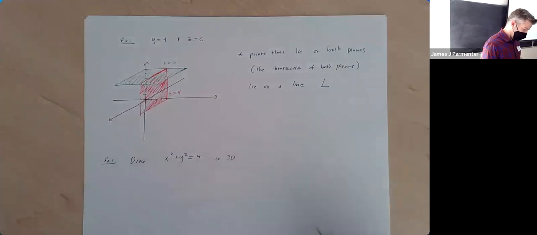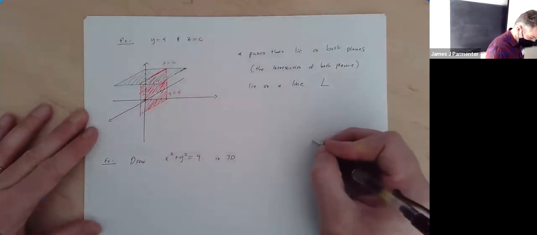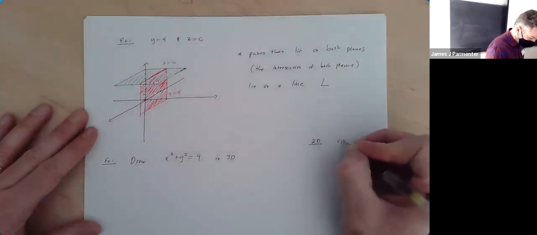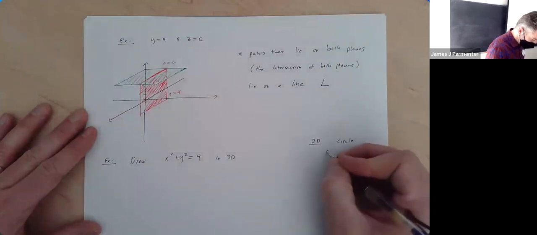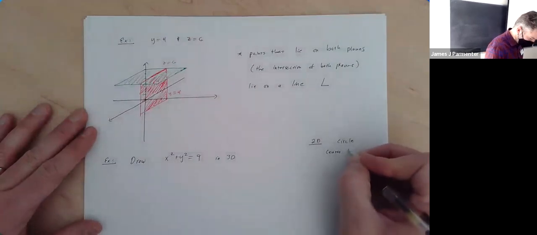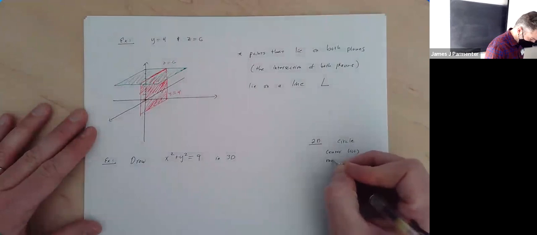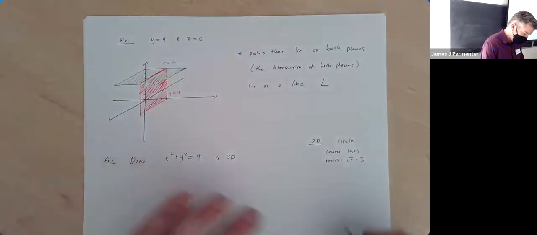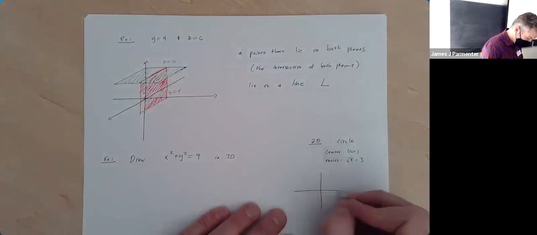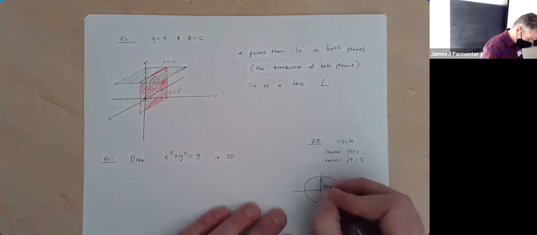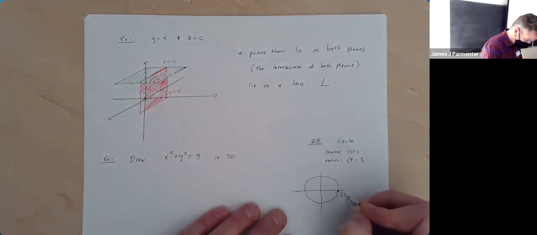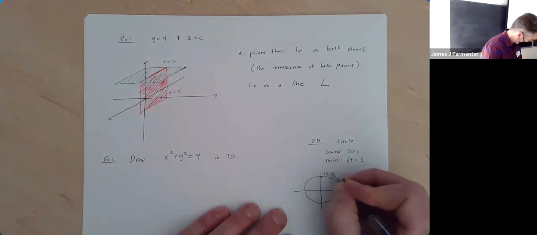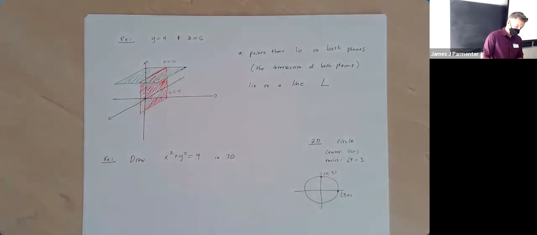In 2 dimensions, this is a circle with a center at the origin and a radius that is the square root of 9, which is 3. So in 2 dimensions, no big deal. You get the circle, radius 3, great. So you might think about this for a second.